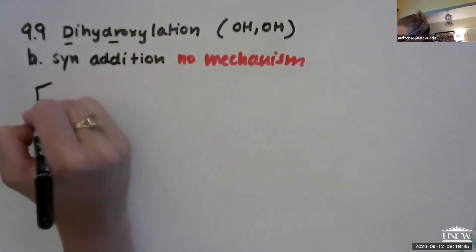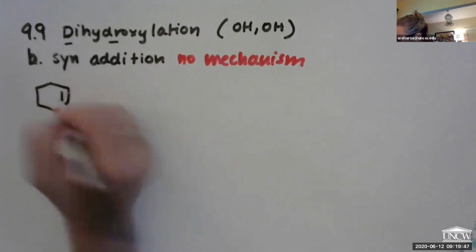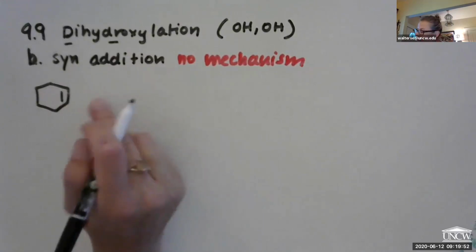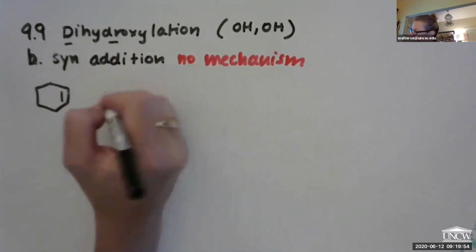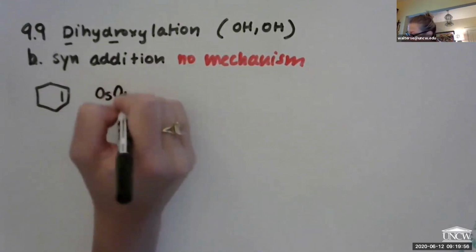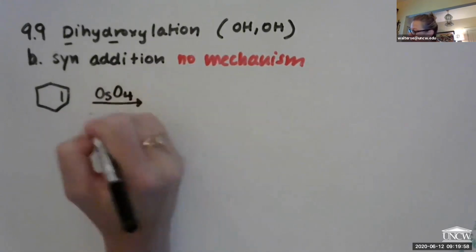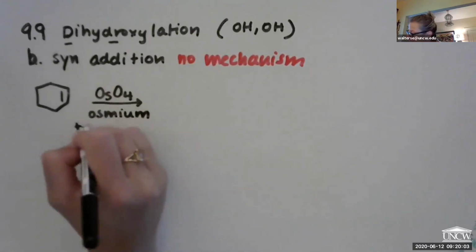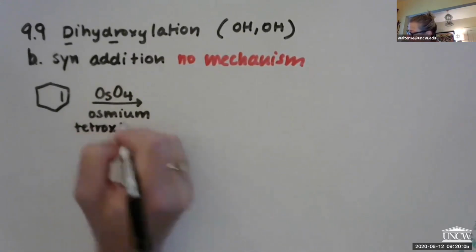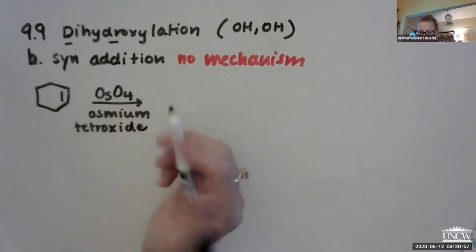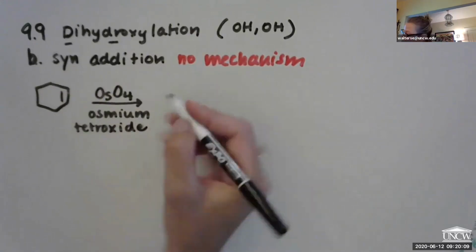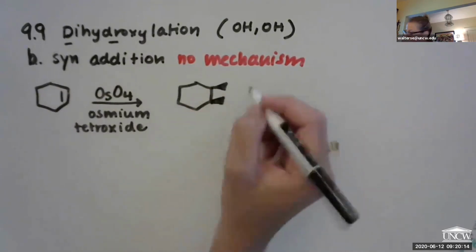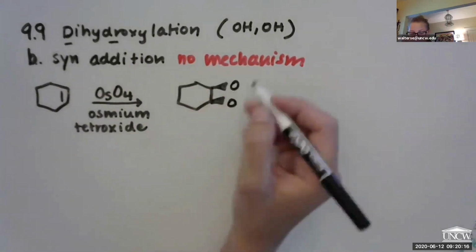This time what we'll do is we'll use a cyclohexene. And what you treat it with is called osmium tetroxide. And what you make is a very messy structure.